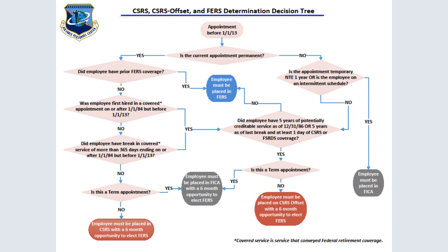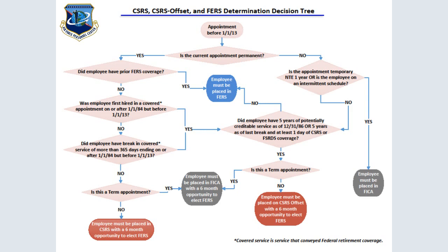No. Did the employee have a break in covered service of more than 365 days ending on or after 1 January 1984, but before 1 January 2013? No. Is this a term appointment? No. The employee must be placed in CSRS with a 6-month opportunity to elect FERS.